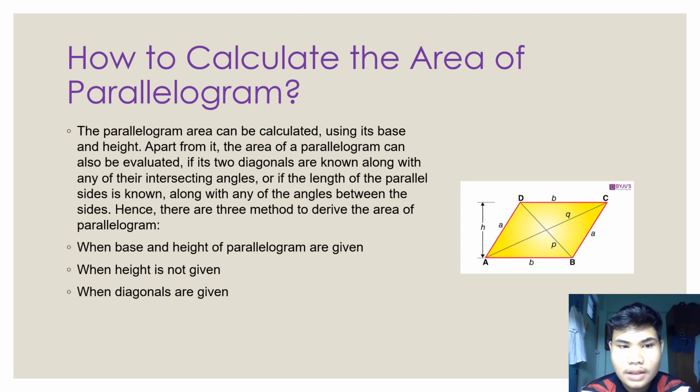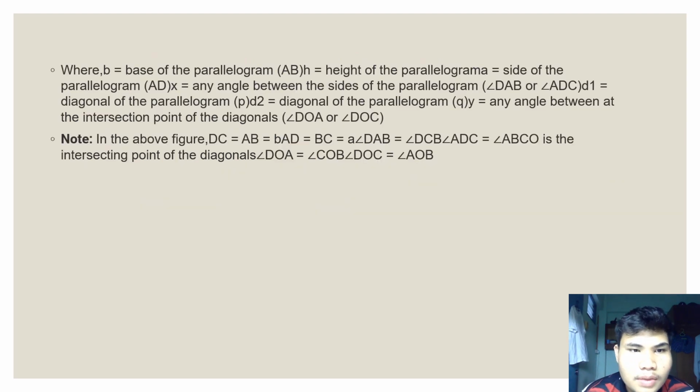Based on the picture on the side: when base and height of the parallelogram are given, when height is not given, when diagonals are given. Where B equals base of the parallelogram, H equals height of the parallelogram, A equals side of the parallelogram, x equals any angle between the sides of the parallelogram, angle DAB or angle ADC.